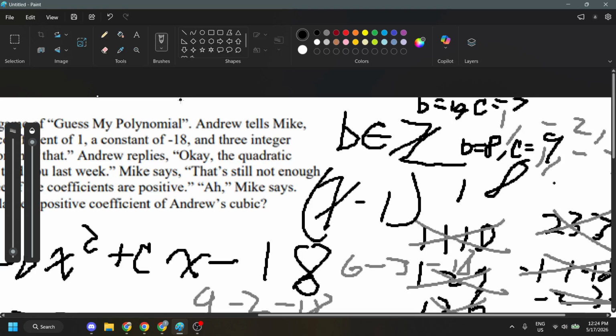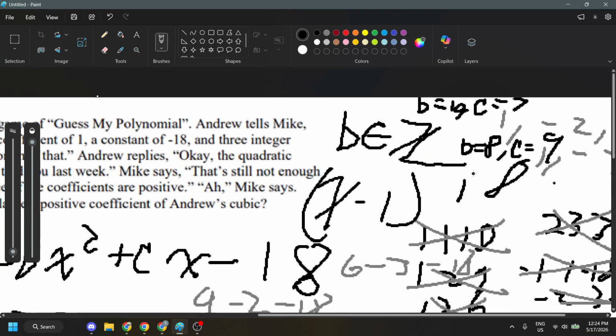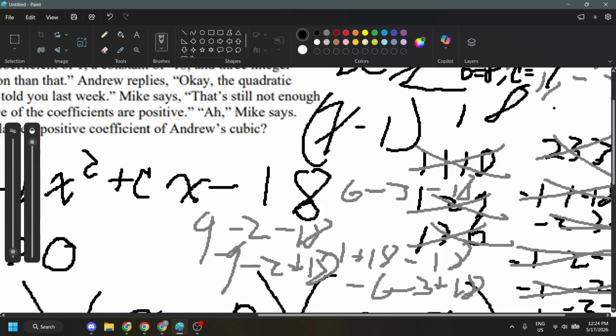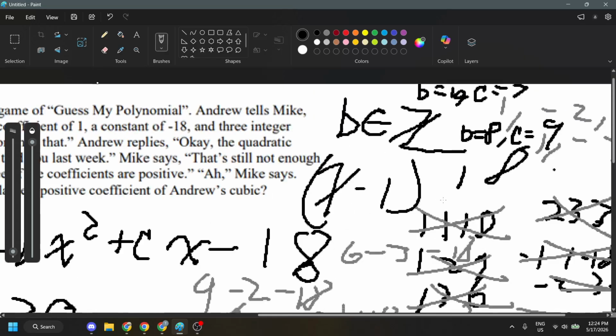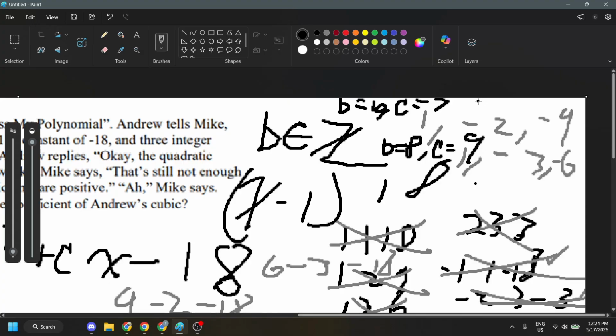So we have, again, 1, 1, 18. Can't make anything to add to 10 like that. 1, 2, 9. Even with negatives, you can't make anything add up to 10. Oh no, you can actually. What am I telling you? You could have it like this. We could also have it 1, negative 2, or negative 1, 2, 9.